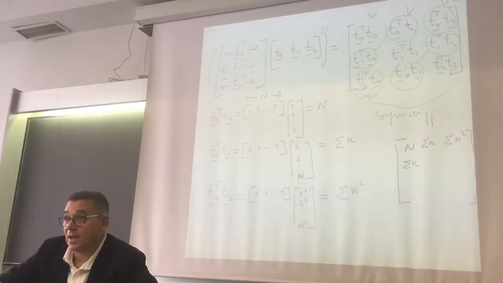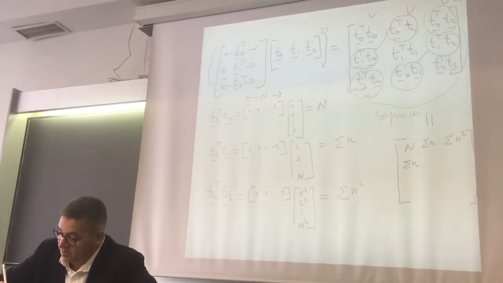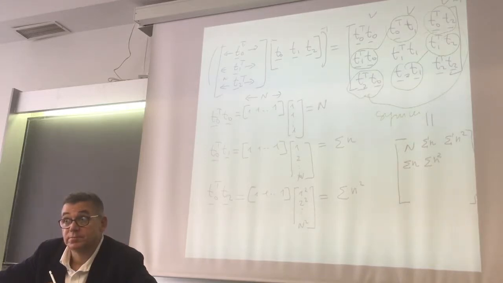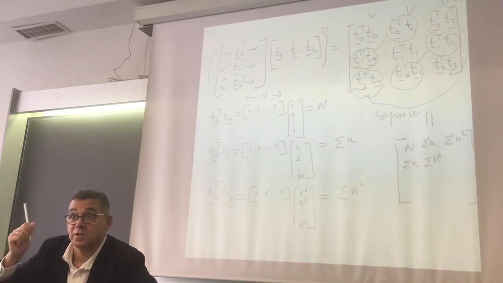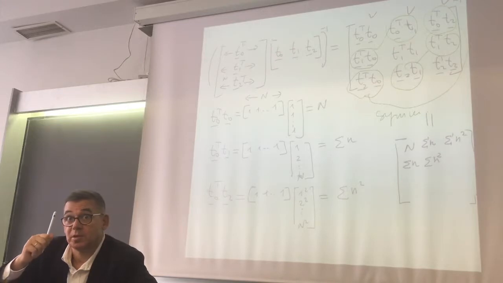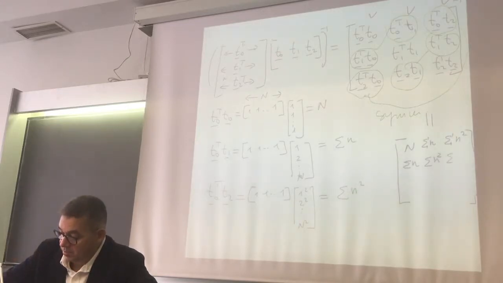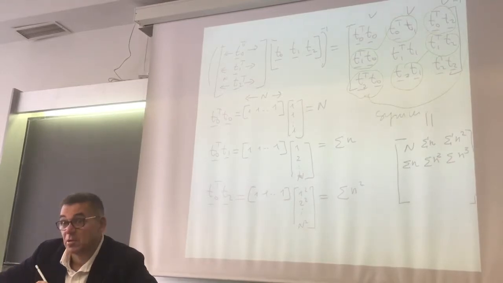Now, T1 transpose T1 is 1 square plus 2 square plus 3 square, so it is the sum of n square. What is T1 transpose T2? It is the sum of n multiplied by n squared, so it's n cubed.